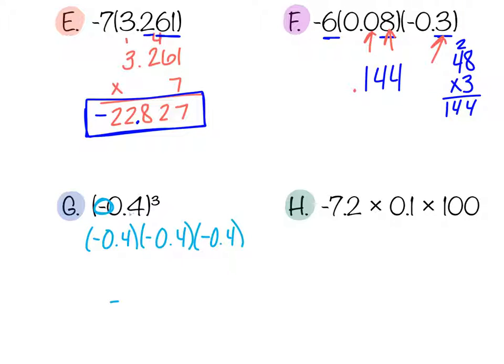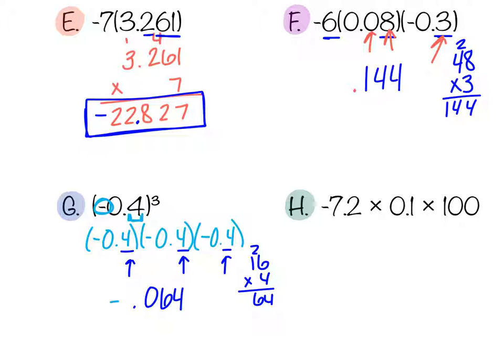Also, if there's 1 decimal place and then I'm going to multiply it by another 0.4 and another 0.4, you can tell that that's going to make actually 3 decimal places. And then 4 times 4 is 16, and then times 16 by another 4, and you get 64. But I needed 3 decimal places, so this is going to be negative 0.064.